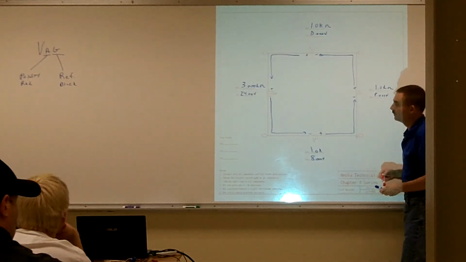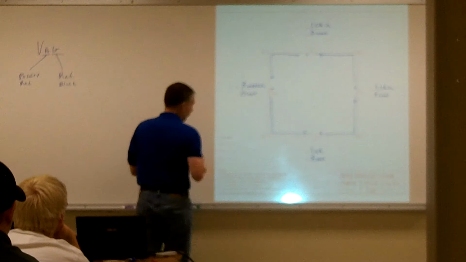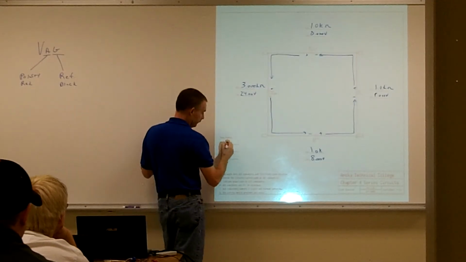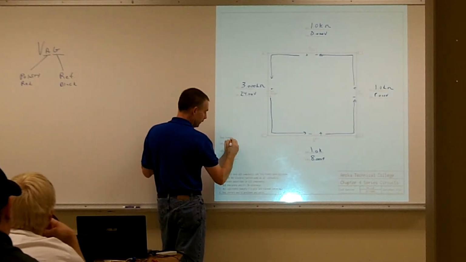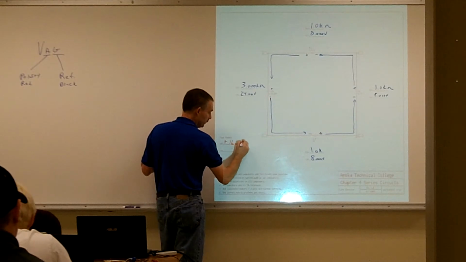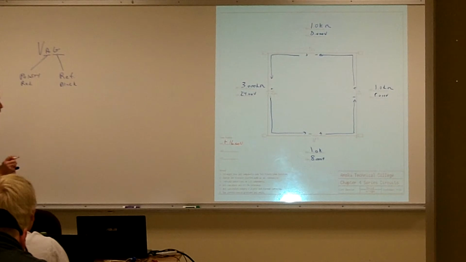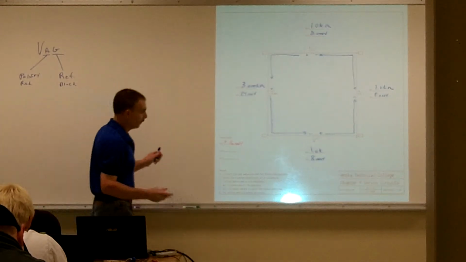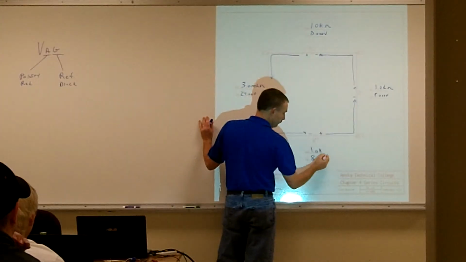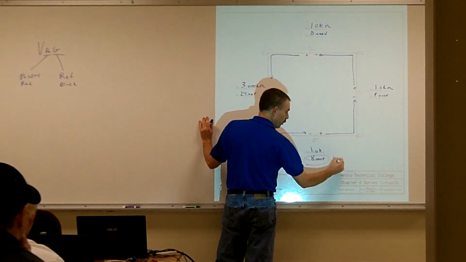You go the other way too? Yep, I'm going to do that too. So my answer should be a positive 16 volts. And here's where a lot of people get a lot of wrong answers. When I'm talking about a voltage drop, there's no polarity.